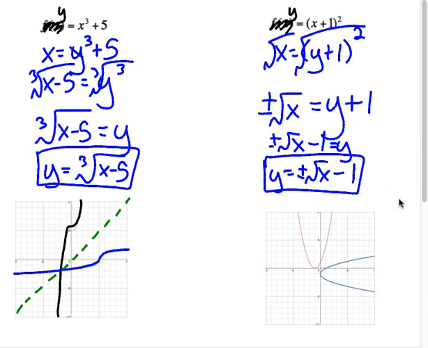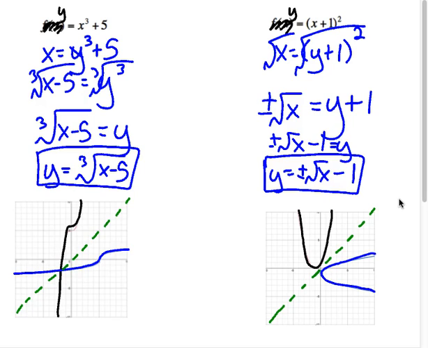And of course, graphically, my original was a parabola. So the inverse relation is a parabola on its side. And you still get that perfect mirror image over the line y equals x.